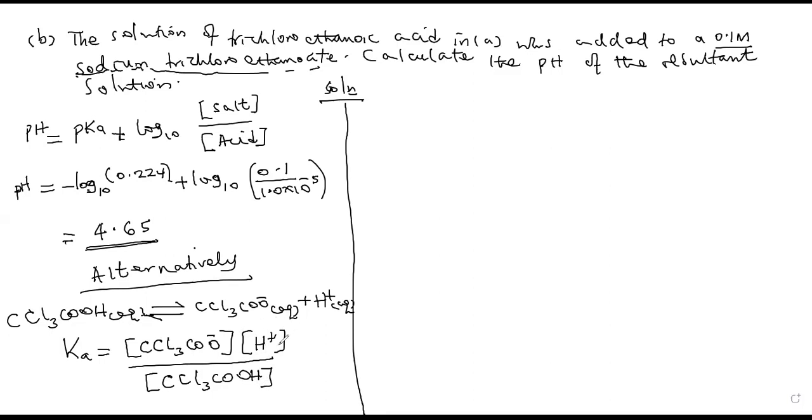Now, we know that pH is the negative logarithm of hydrogen ion concentration. So we need to make hydrogen ion concentration the subject of this formula.